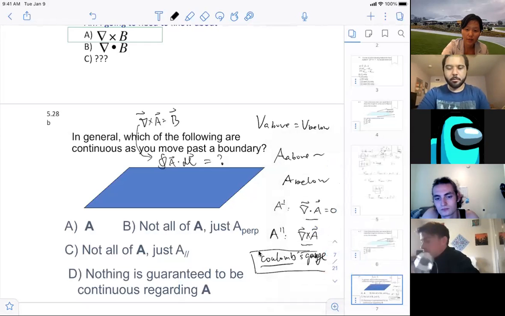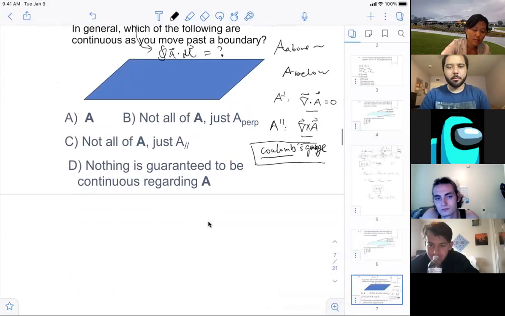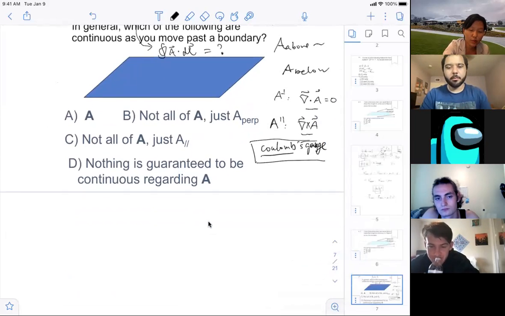Okay, all right. Let's see. So it looks like we all agree, and all of you agreed on one of the components, right? There are only two components, a perp or a parallel.